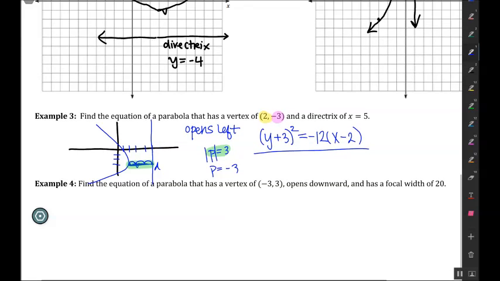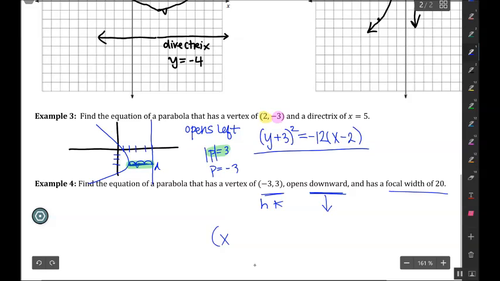And our last equation. Find the equation of a parabola that has a vertex of negative 3, 3, opens downward, and has a focal width of 20. So I have h and k. I know it opens down, so that gives me that I'm using this equation with the x being squared. It also tells me that P is less than 0 because it's opening down.